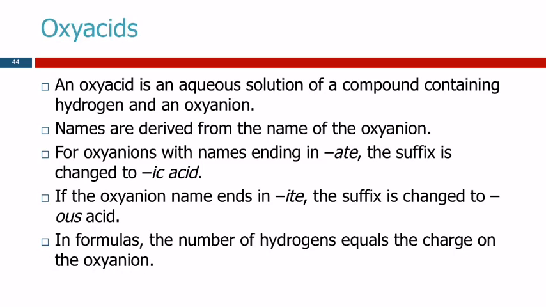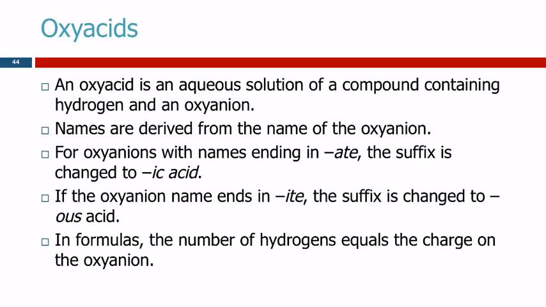Oxyanions are things like the nitrate, sulfate, chlorate, things like that. The names for the oxy acids are derived from the name of the oxyanion. If the oxyanion ends in ate, you change ate to ic and stick the word acid on there. If the name ends in ite, you change the suffix to ous acid.